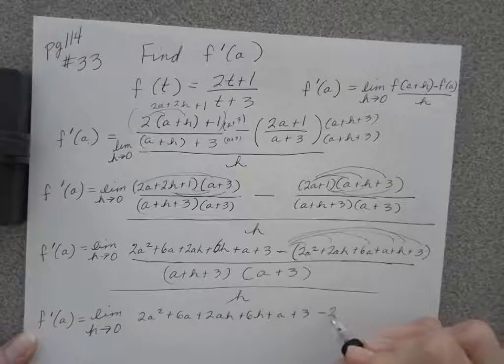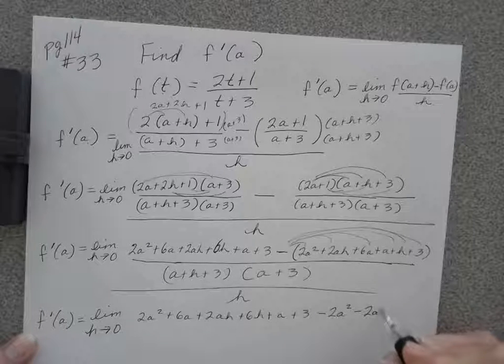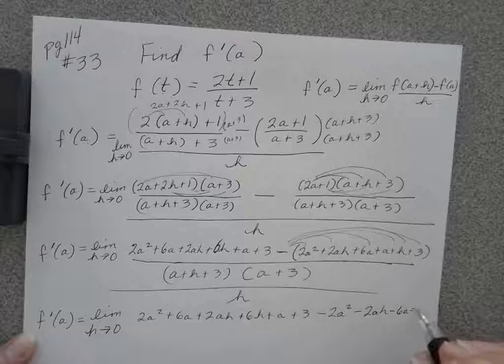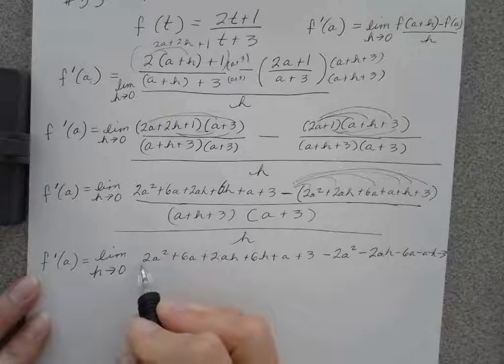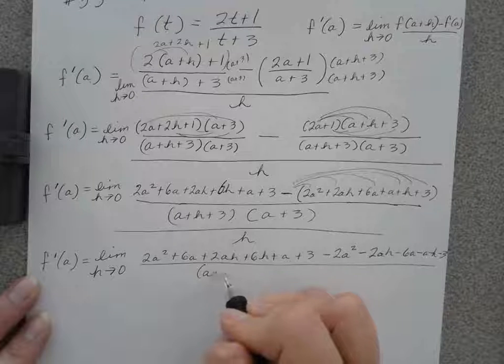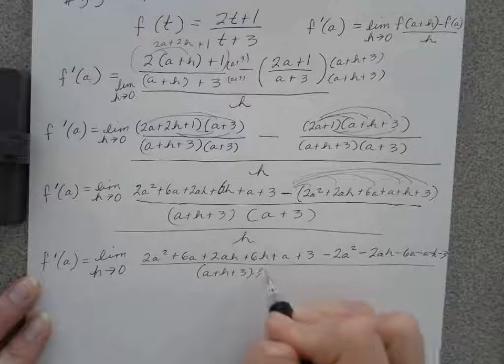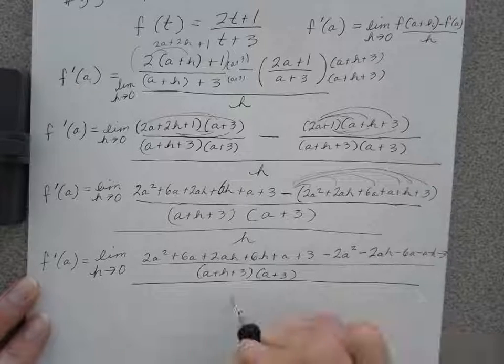Okay, so negative 2a squared minus 2ah minus 6a minus h minus 3. Okay, all over the common denominator, a plus h plus 3 times a plus 3, all over h.